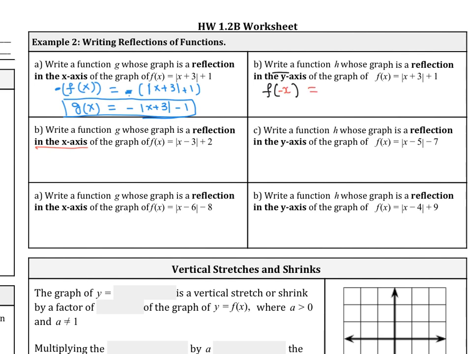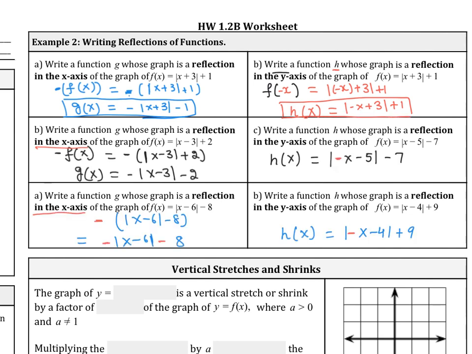The function you get should be the absolute value of negative x + 3, plus 1. So h(x) is your reflected graph over the y-axis.